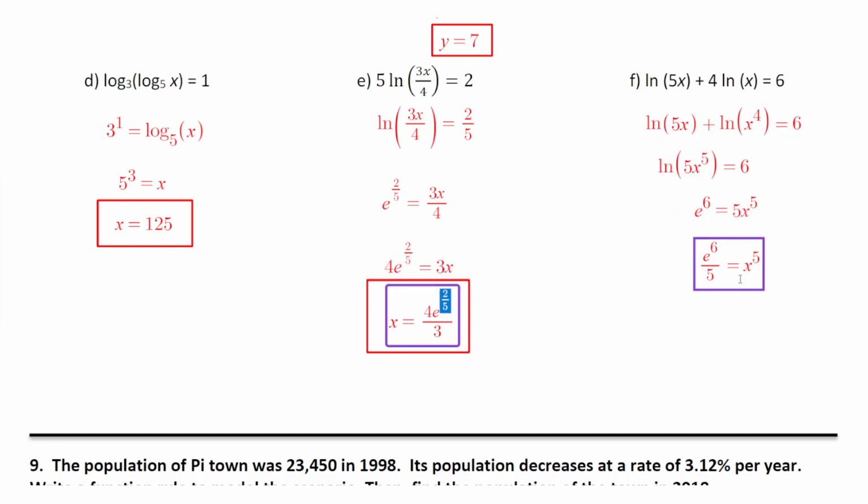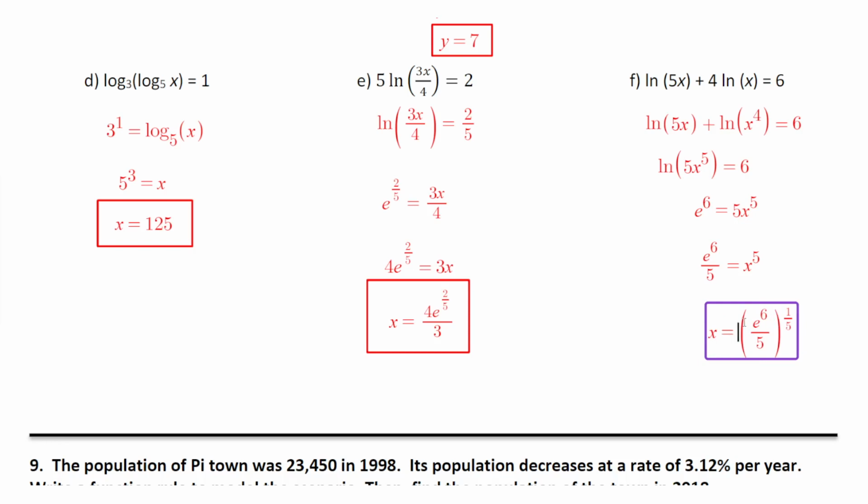The fifth root of something, a radical symbol, we don't really need that. Instead, I'm going to raise this whole thing to the 1/5 power. You could write it as the fifth root, but I kind of like this better, to be honest with you.